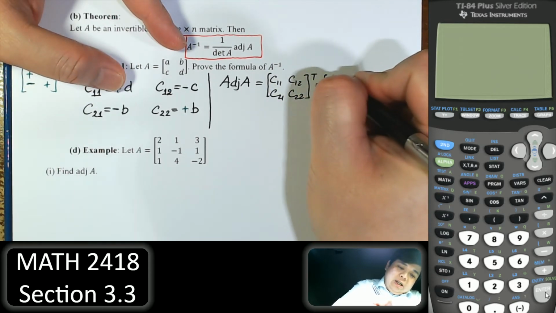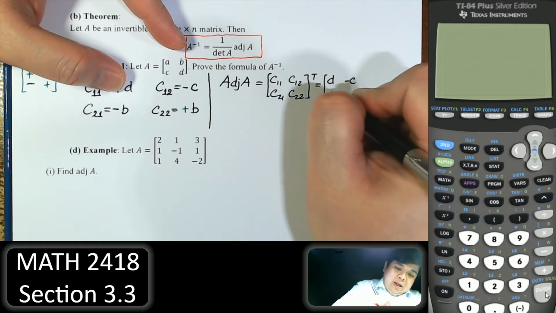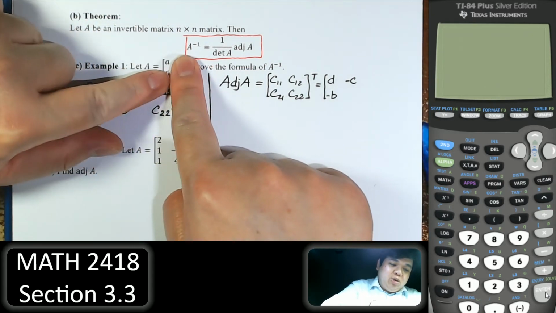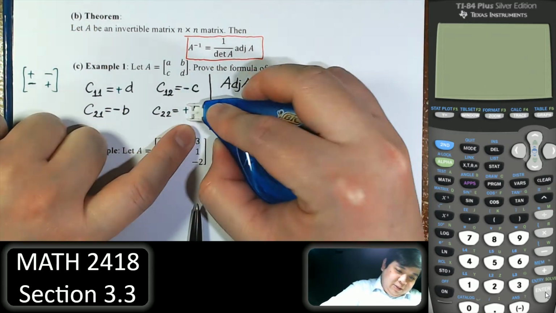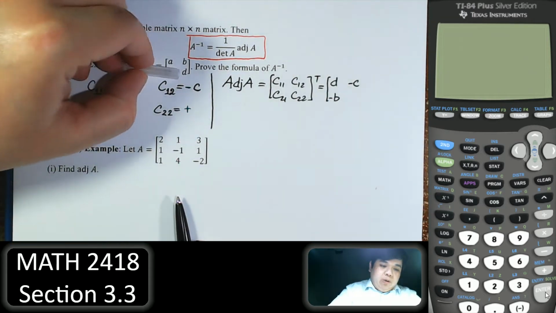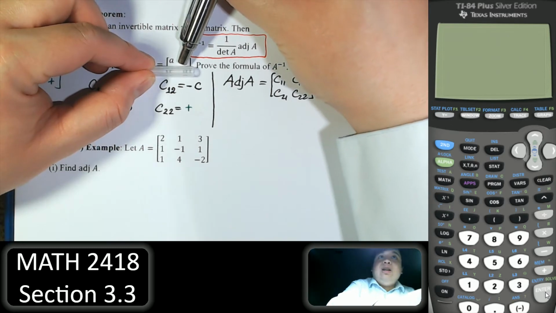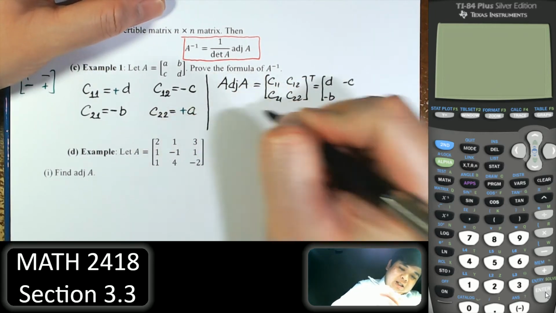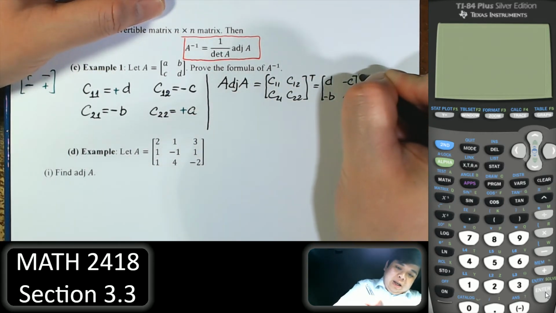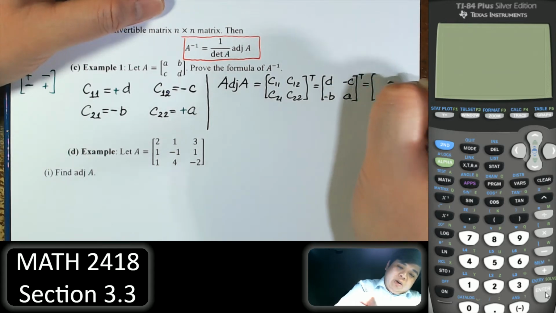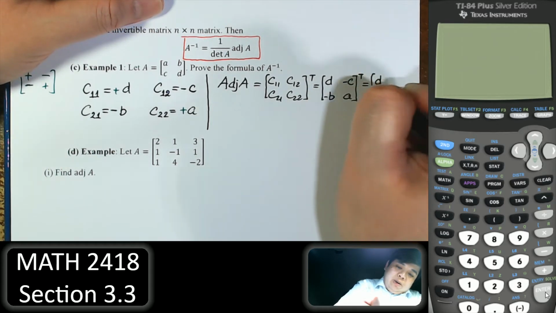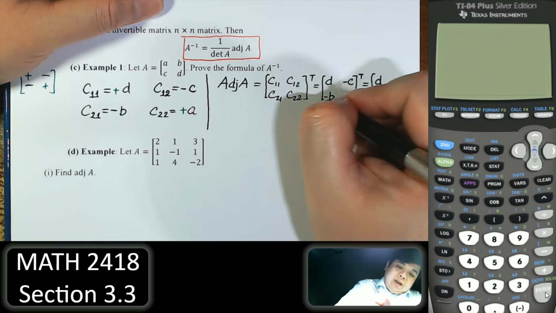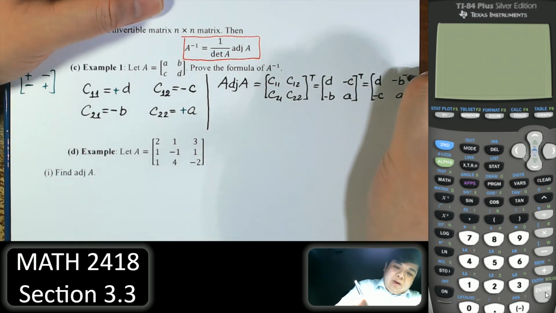So this will be D, negative C, negative B, and A. For C22, if you cover the row and the column containing the element D, that will be A. And then we transpose that. Transpose meaning rows become columns. The first row becomes the first column, and the second row becomes the second column. So that is the adjugate.